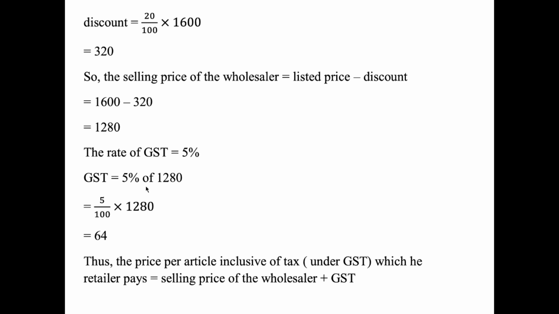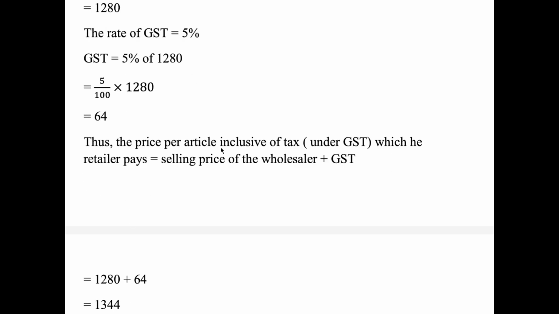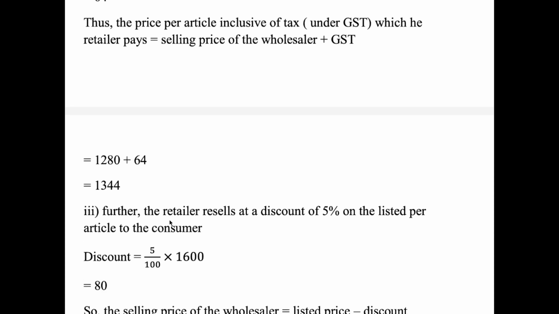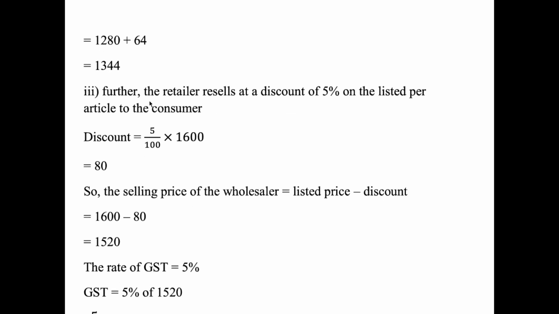So 5% of that 1280 comes to 64. Thus the price per article inclusive of tax under GST which the retailer pays, that is 1280 plus 64, comes to 1344.